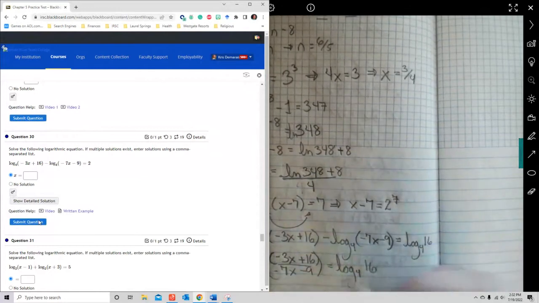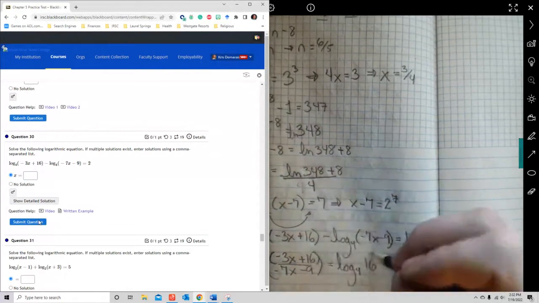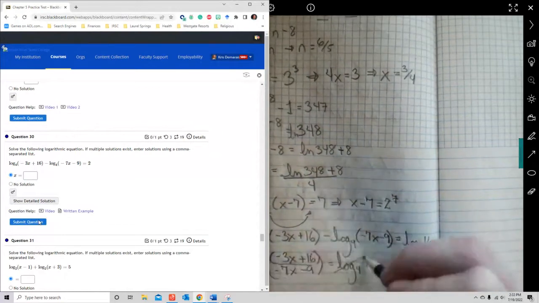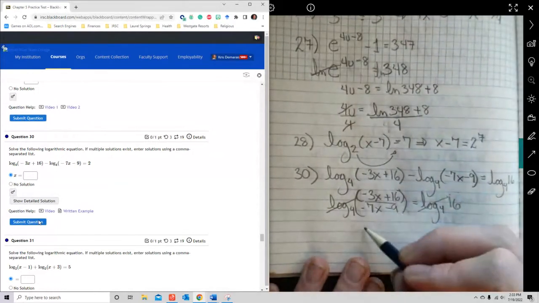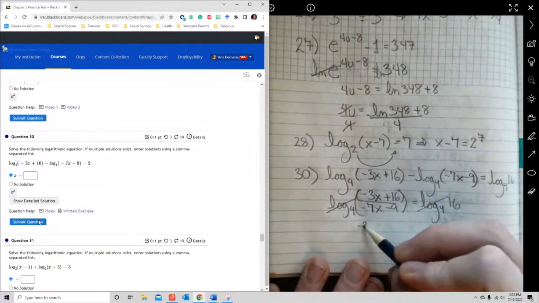And since both of them have log base 4 and they're all singular terms of both sides, we set these components equal to each other. So these go away. So now we're left with this.